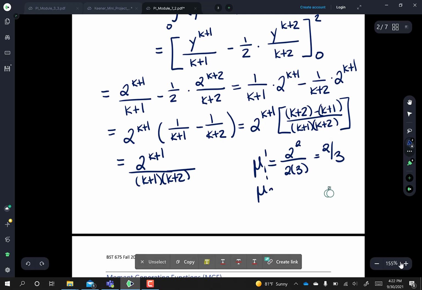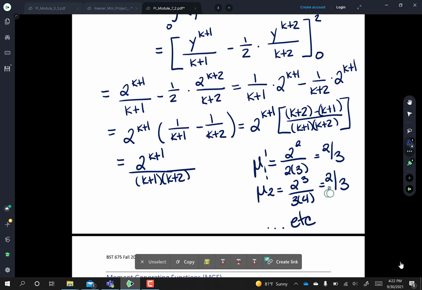We could also find the second moment about the origin. 2 to the 3 divided by 3 times 4, which is equal to 2 divided by 3, and so on. So notice the initial work was a lot, but once we get through that initial work, I can find any of those moments about the origin that I want.